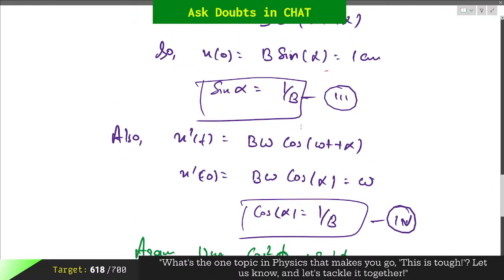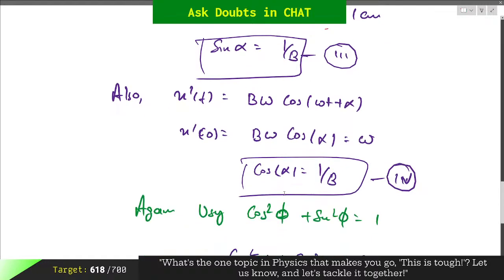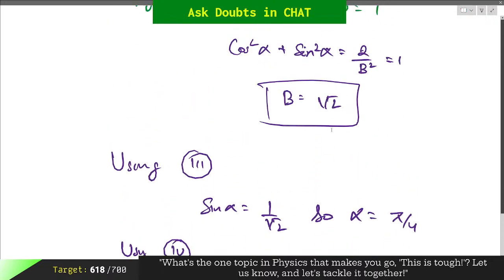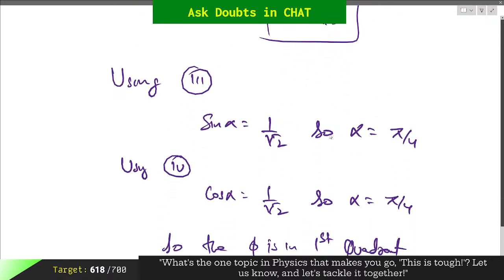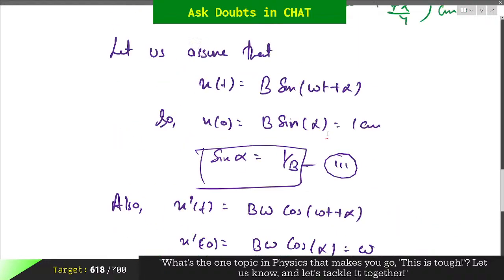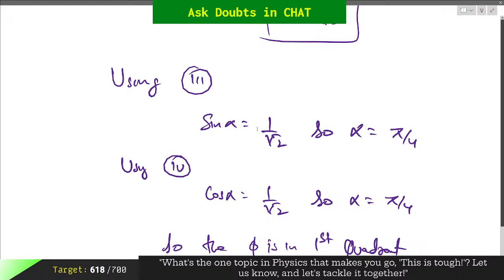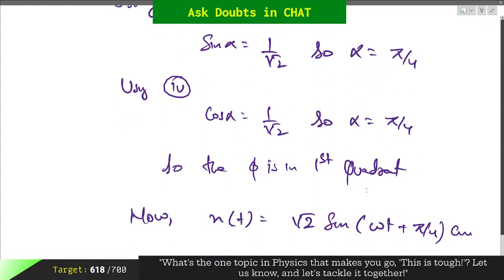Now similarly to what we did in the first part of the question, we will differentiate it, and we find that B is equal to √2. So the amplitude is not changing, the amplitude is the same. Now using the third equation, sin α = 1/B, we will get α = π/4, and cos α = 1/√2 as well. So α is equal to π/4.